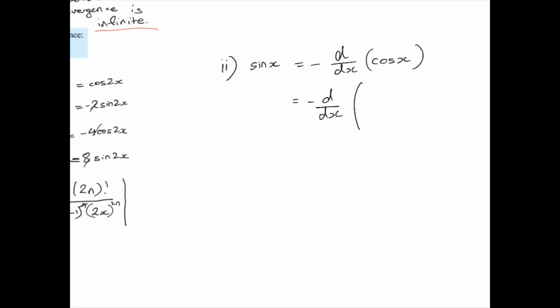So which was the derivative of this series, -1 to the n over x to the 2n over 2n factorial. Does that make sense? Which is quite nice, isn't it? Negative. What is our new sum then?